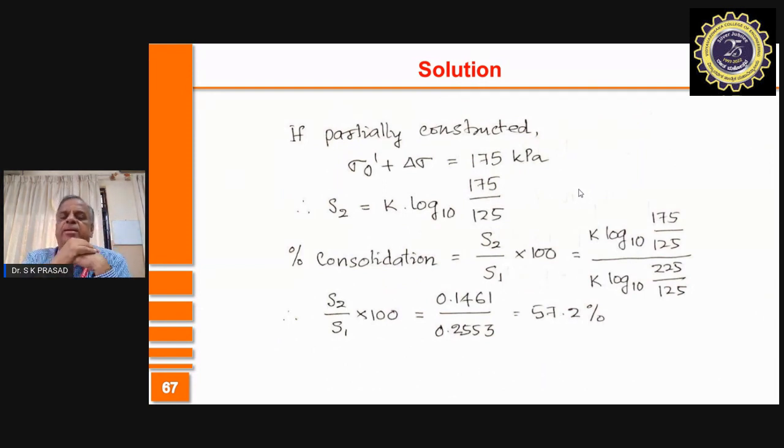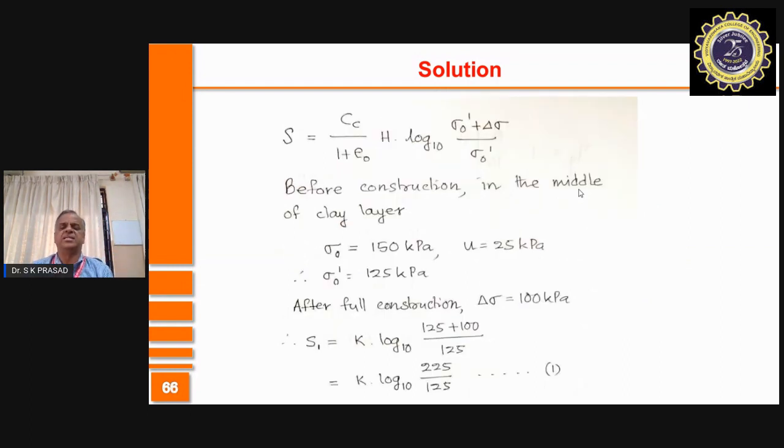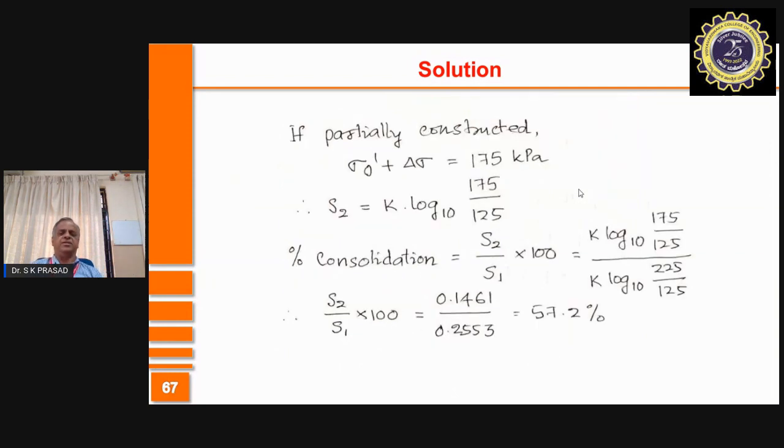On the other hand, when the construction is partial, that is when effective stress plus the extra pressure due to the construction becomes equal to 175, S2 is equal to the same K. So the values of Cc, e naught, H are constant. Therefore, S2 is equal to K into log to base 10 of 175 by 125.